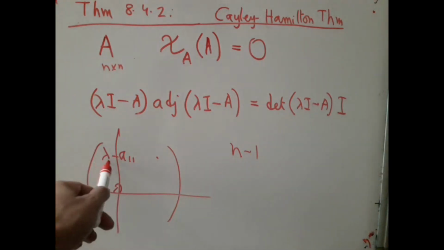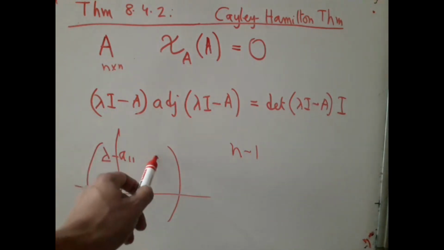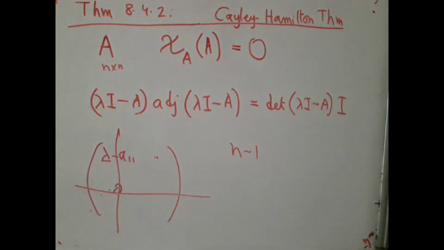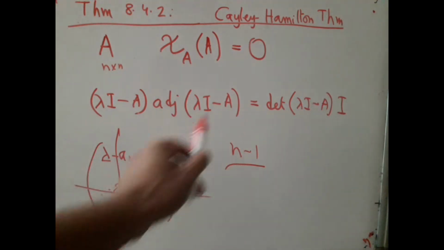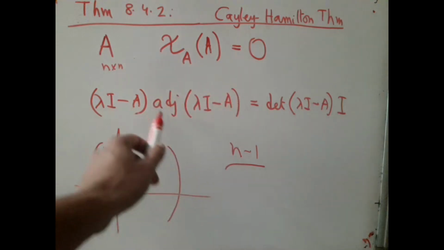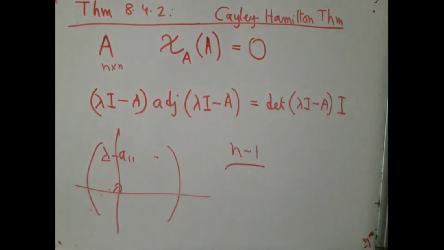Every term has either lambda degree 1 or lambda degree 0, no lambda at all. So in all the terms of that determinant, you can have at most n minus 1 lambdas multiplied together. So every entry of this matrix must be a polynomial in lambda of degree less than or equal to n minus 1.